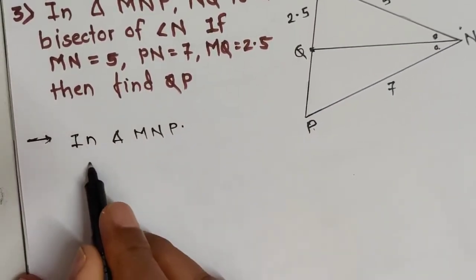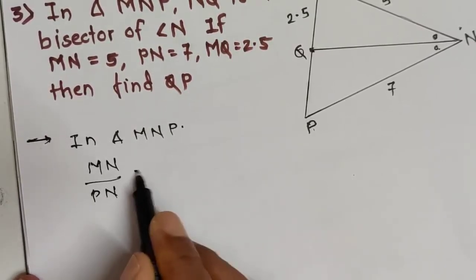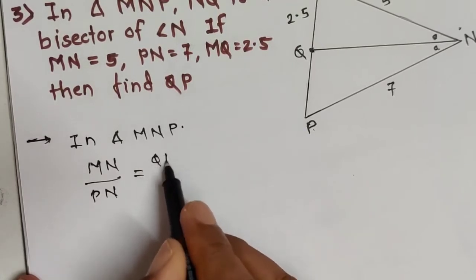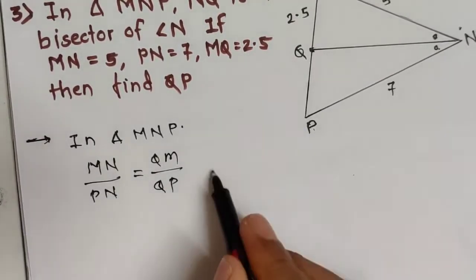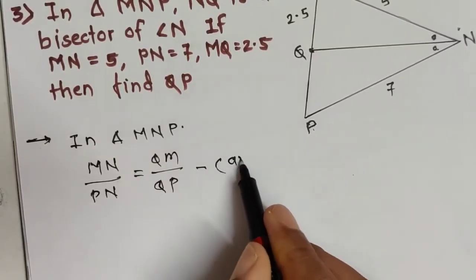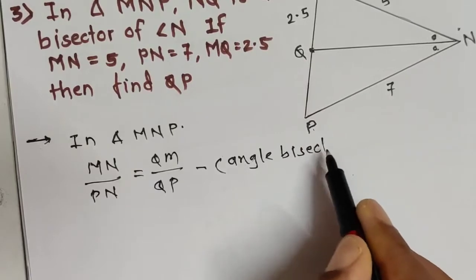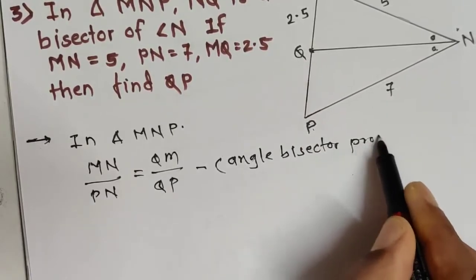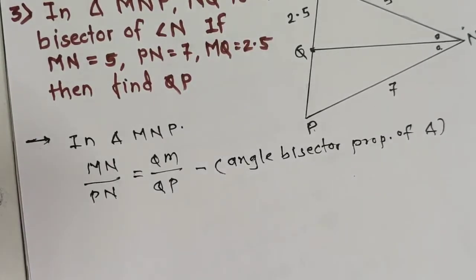So here the first ratio is MN upon PN is equal to QM upon QP, and the reason is angle bisector property of triangle. So we have to write this reason.